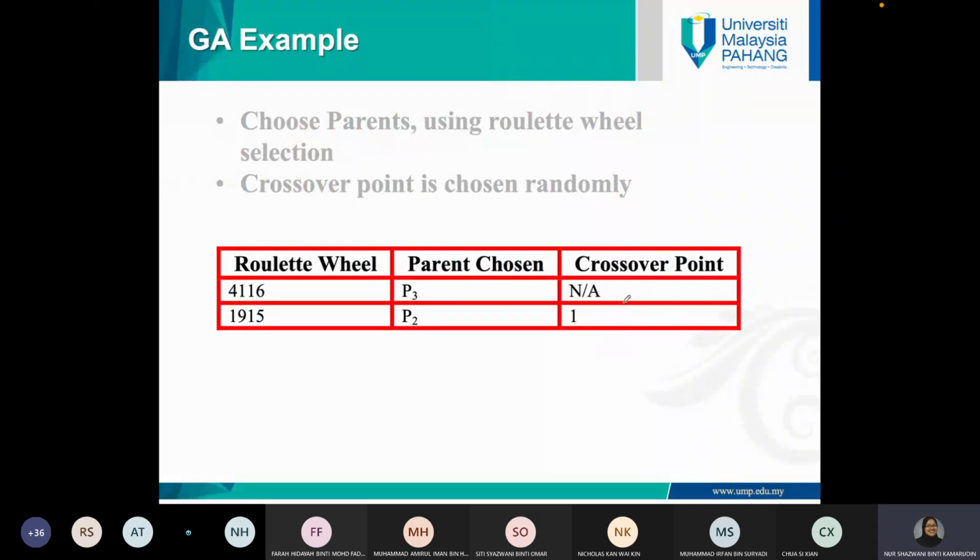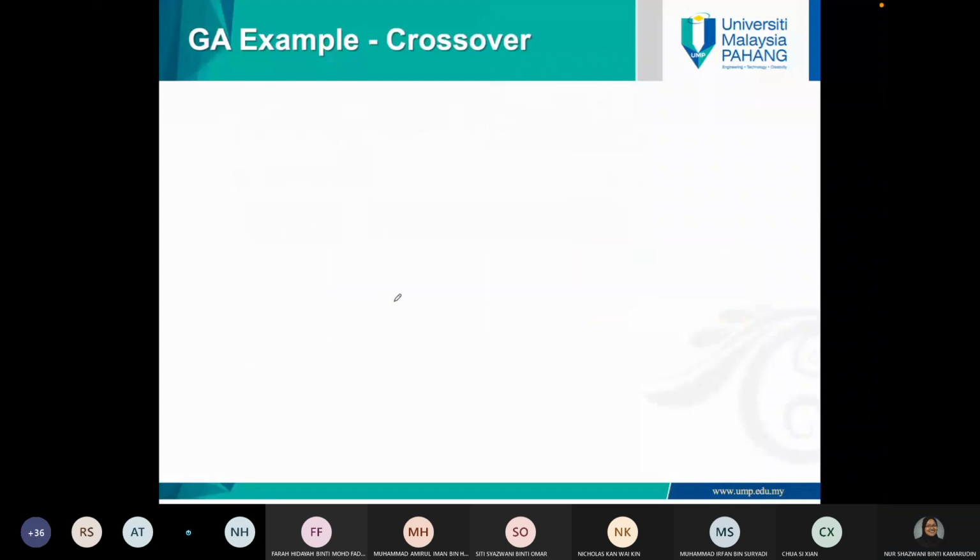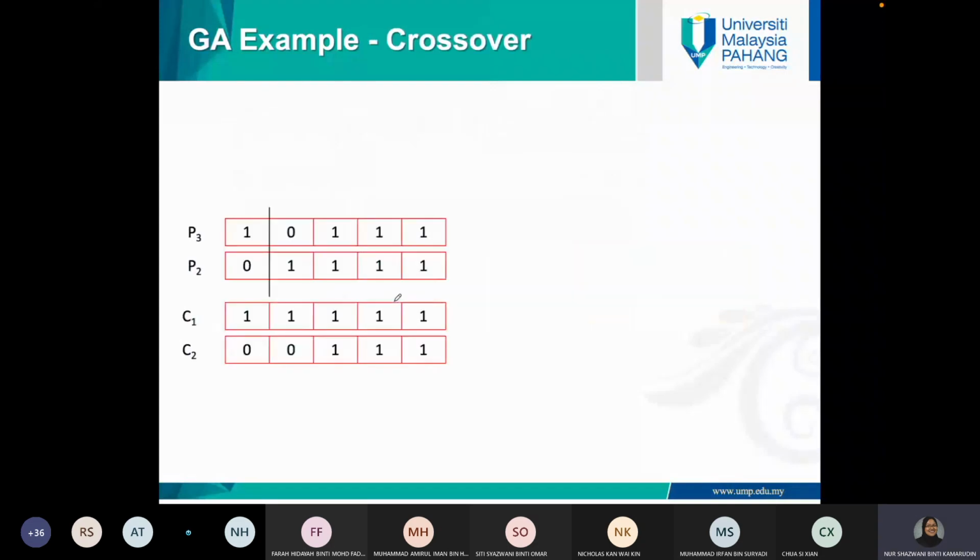So for this example, they choose parent number 3 and parent number 2 to do the crossover. Let's do the crossover for these two. Parent number 3's binary string is 10111, and parent number 2 is 01111.